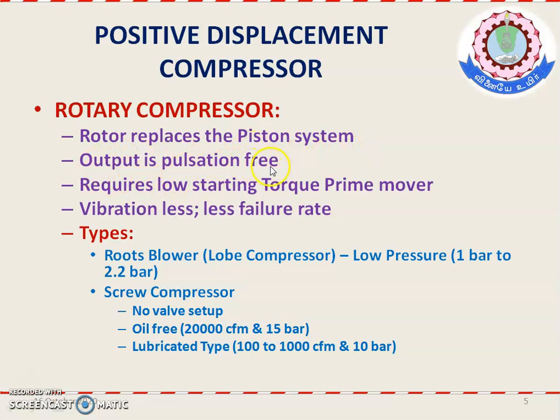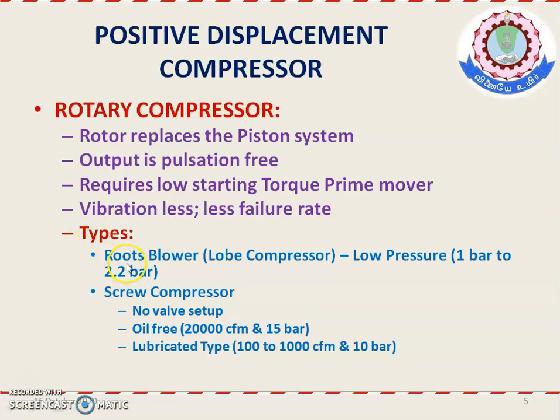Output is pulsation free. You get a continuous output and it requires a low starting torque prime mover. To operate the piston, you need a motor, and the motor will be called the prime mover, and that prime mover should have low starting torque characteristics, and it is vibrationless with a less failure rate.